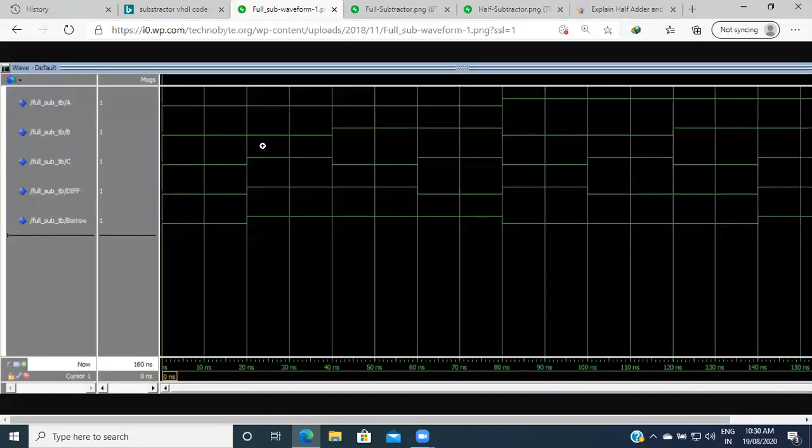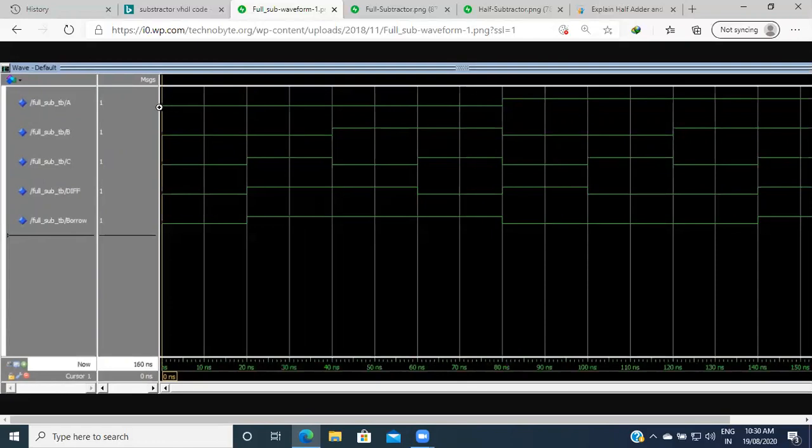So these are the simulation waveforms. There are full subtractor A, full subtractor B, full subtractor C, that is, these are the three inputs A, B and C, and difference and borrow. Remember, if the value is at the upper level, that value is 1, and if it is lower, that value is 0.